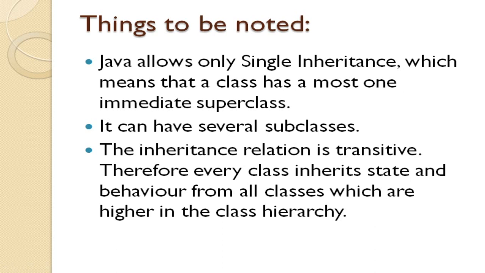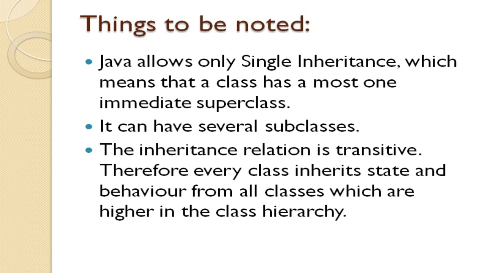And then the inheritance relation is transitive. Therefore, every class inherits state and behavior from all classes which are higher in the class hierarchy. That means it is transitive in nature.